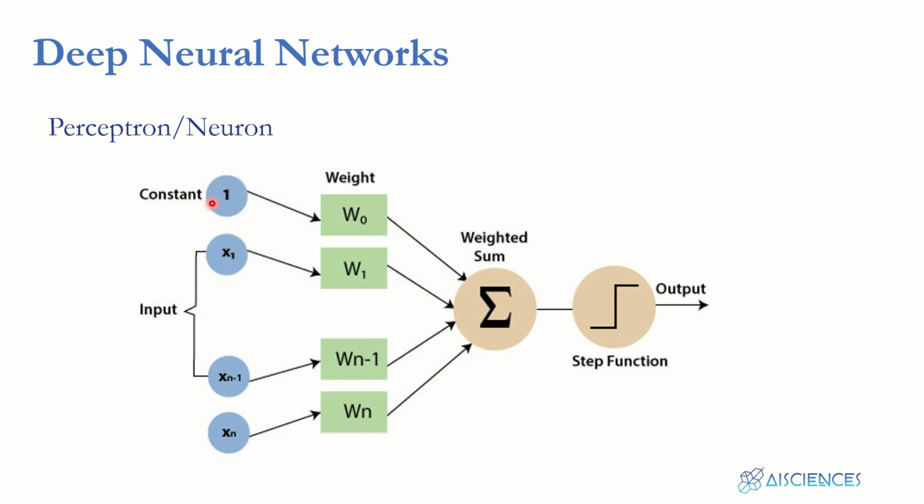For now, just ignore this constant 1 and just ignore the corresponding weight W0. These are required for bias terms, which have their own importance, but just ignore them. Let's say this 1 is not there and W0 is not there. So think about the rest of the input, x1, x2, dot, dot, dot, xn, whatever that input represents.